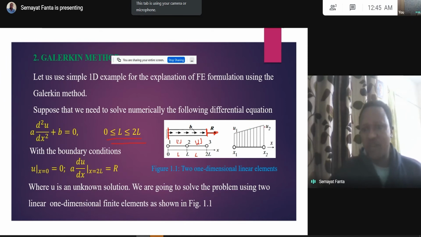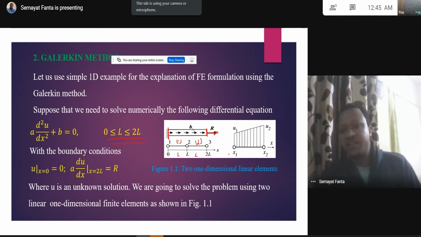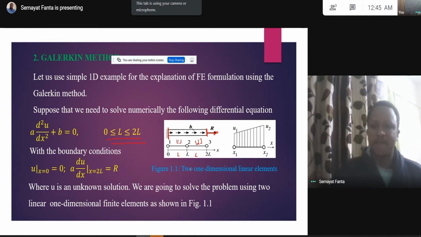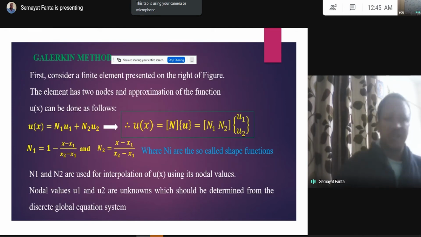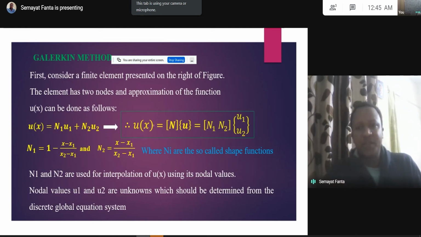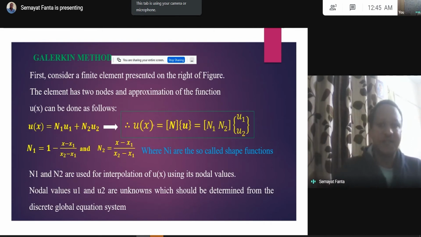Now U1 and U2 imply the distribution of linear elements, and x1 and x2 imply the nodes. Consider the finite element presented on the right of the figure.